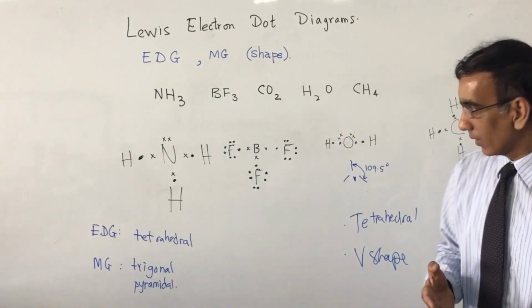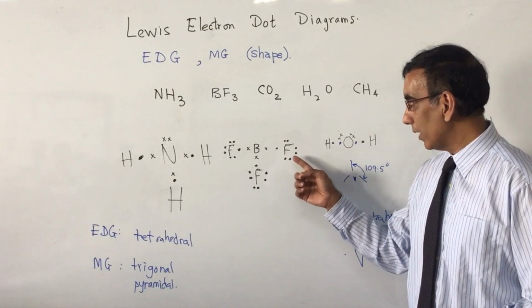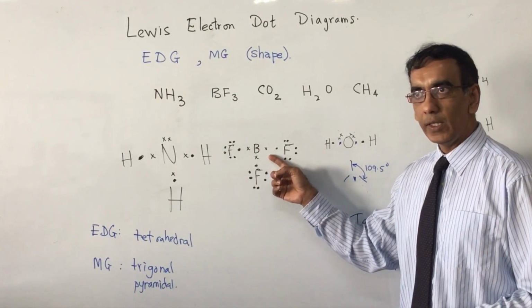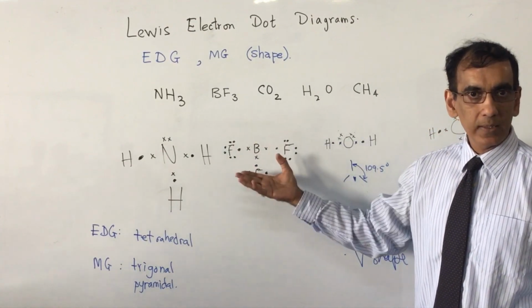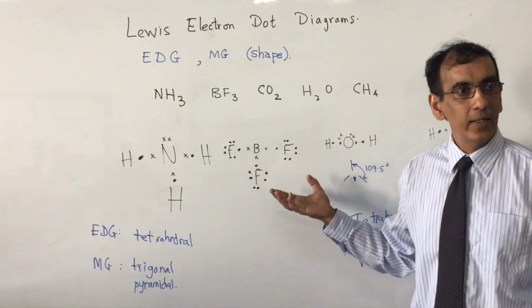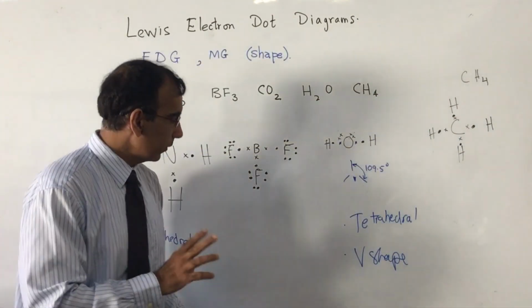Coordinate covalent bond. Now, when you look at BF3, don't you see the possibility of one of these lone pairs forming a coordinate covalent bond and giving boron its octet? Isn't that something you might feel is logical? Why didn't that happen? Because fluorine is very electronegative.